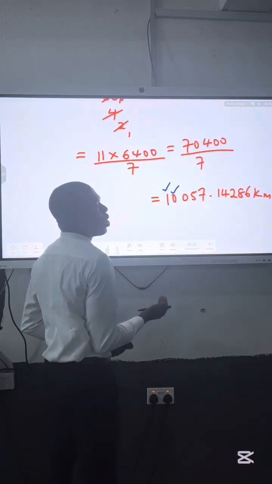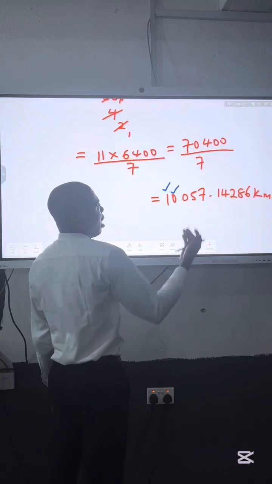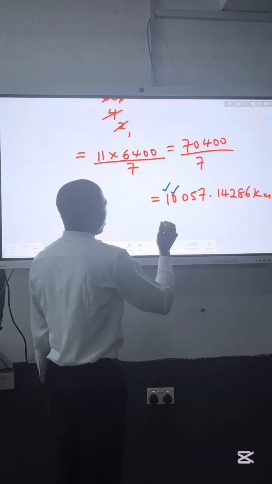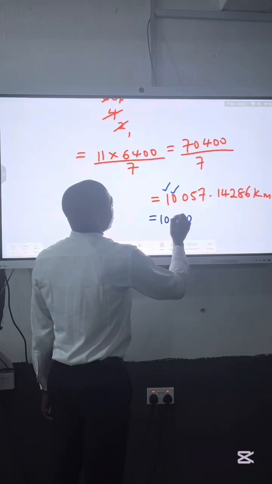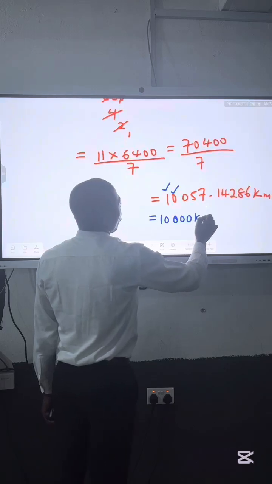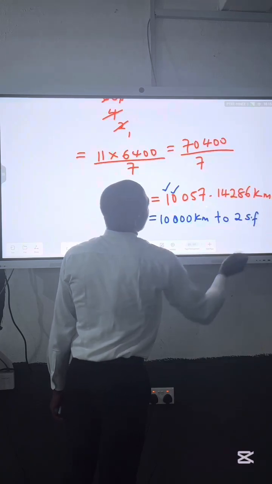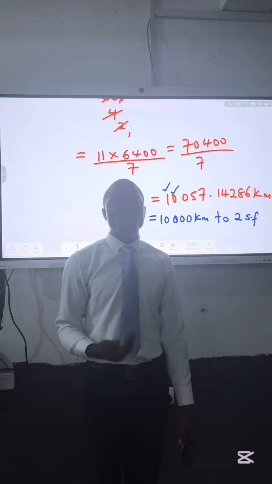It's like you put a boundary line and look at the nearest number, which is 0. 0 is just 0, so you round down. It's already 0, so the answer will now become 10,000 kilometers, to 2 significant figures. So 10,000 kilometers is the correct answer to the question.